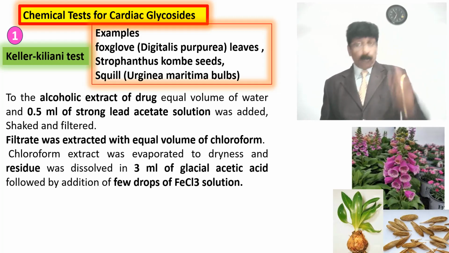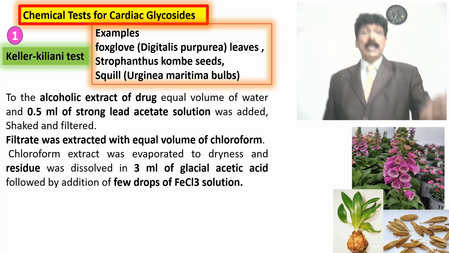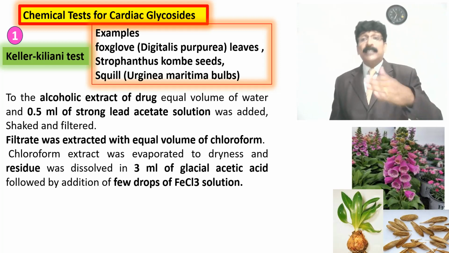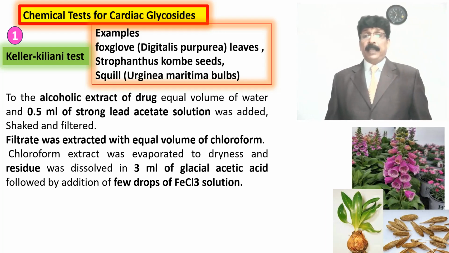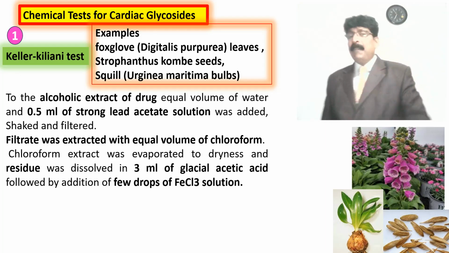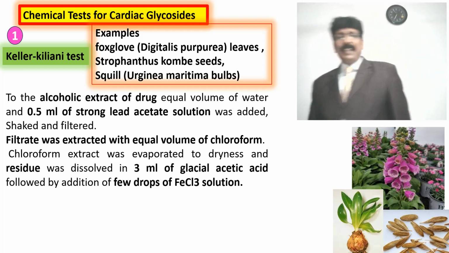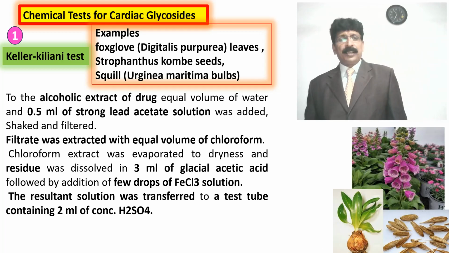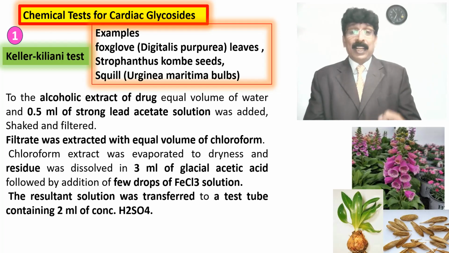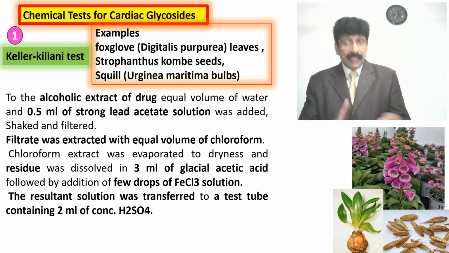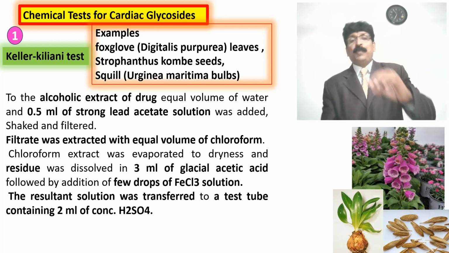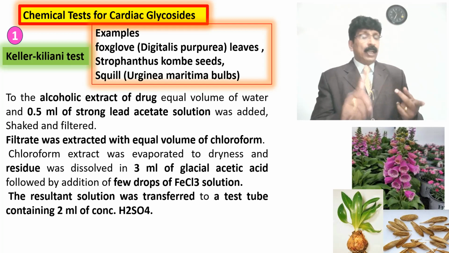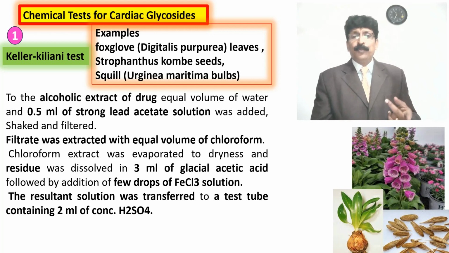The chloroform extract, because it is non-aqueous, is evaporated to dryness, and the residue in a porcelain dish is dissolved in 3 ml of glacial acetic acid, followed by the addition of a few drops of ferric chloride solution. This resulting solution is transferred to a test tube containing 2 ml of concentrated sulfuric acid. The test is a little longer, so you should do it in such a way.